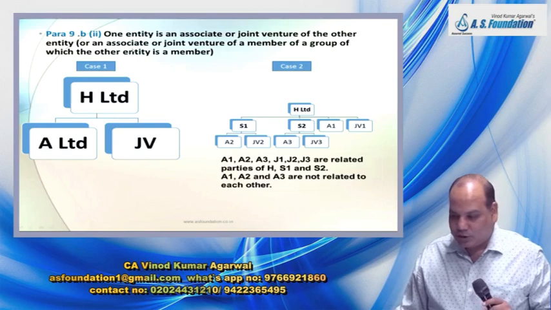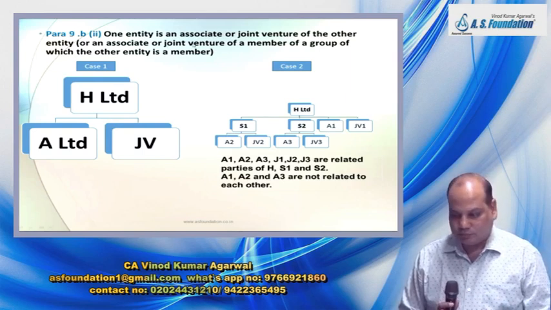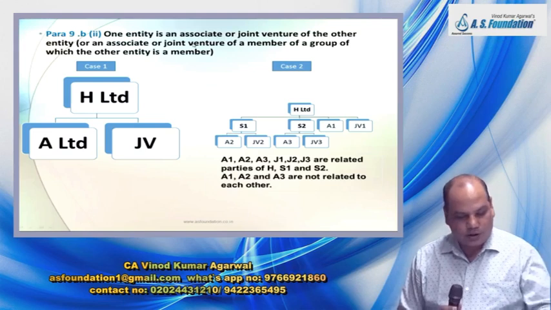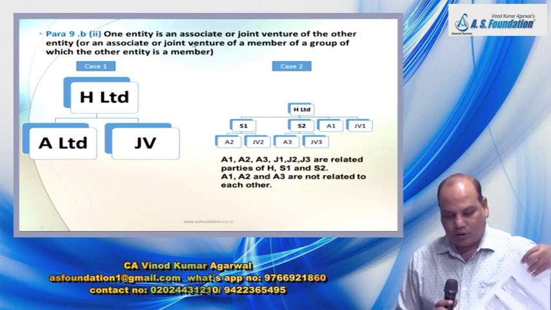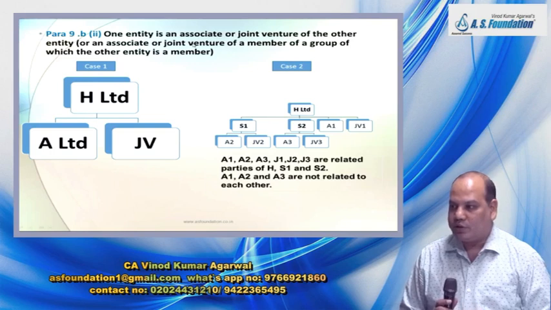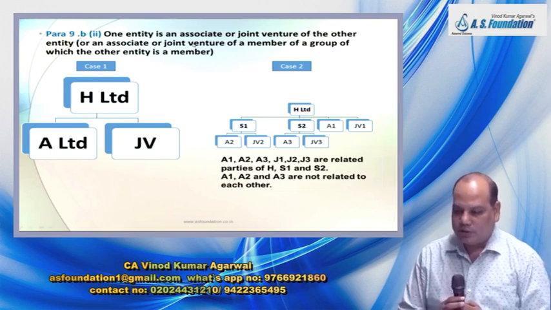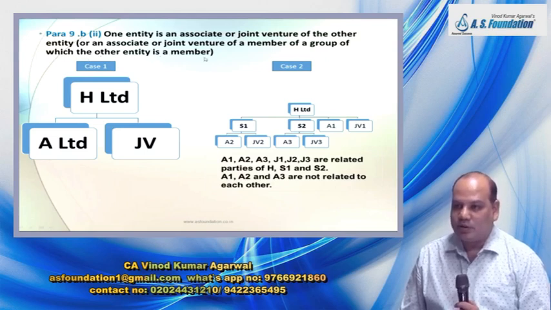Second one, a little more complicated. 9b2. One entity is an associate or joint venture of the other entity, or an associate or joint venture of a member of a group of which the other entity is a member.